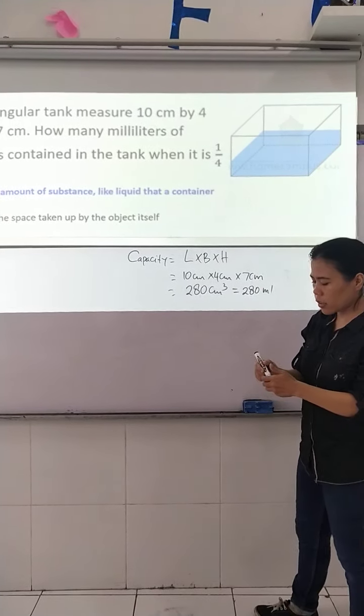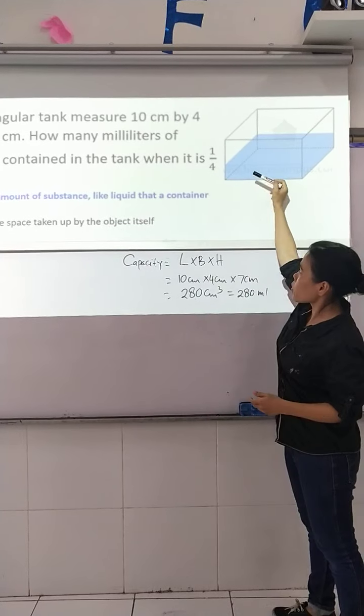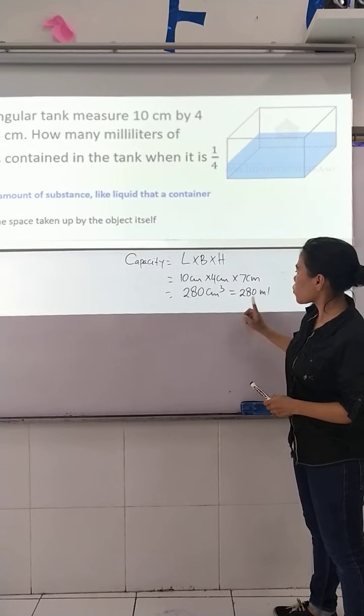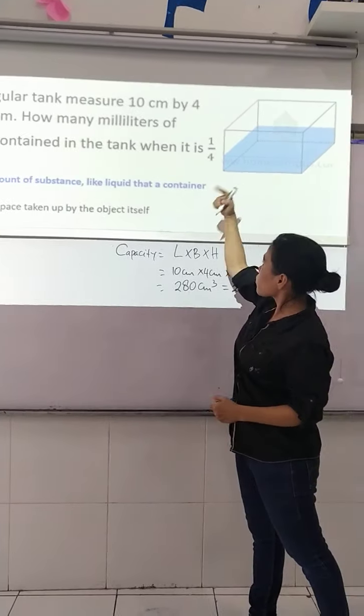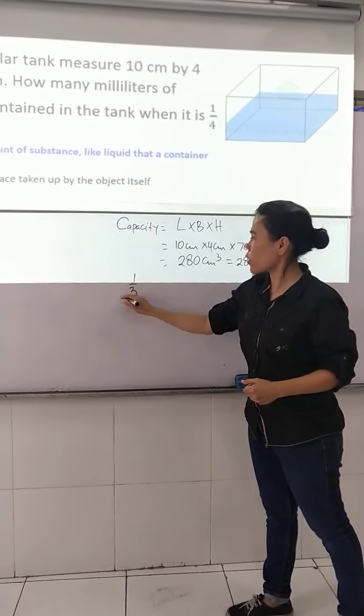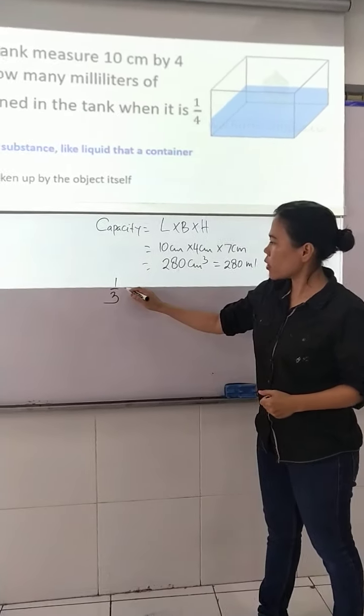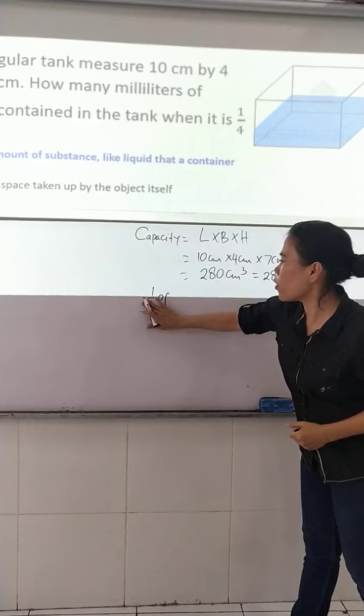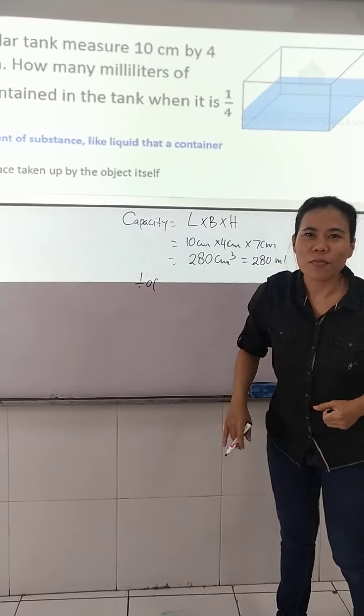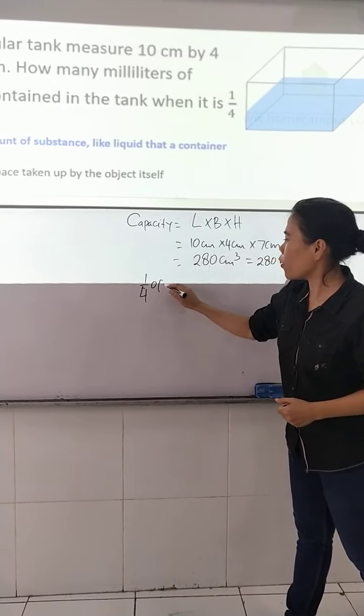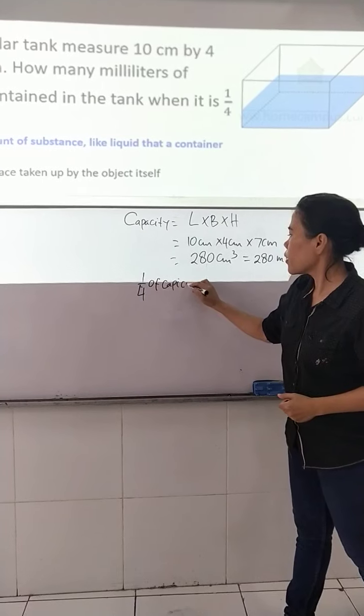How much is the water inside this container if the capacity is 280? This container is filled with 1/3 of the capacity, so not 1/3, 1/4. 1/4 of capacity.